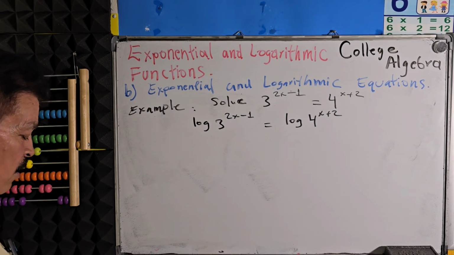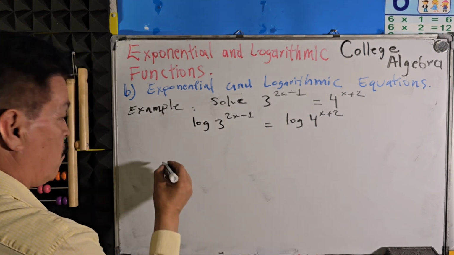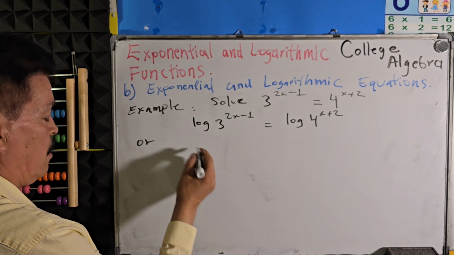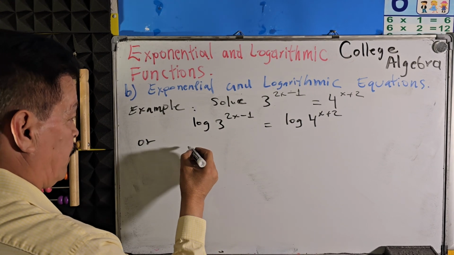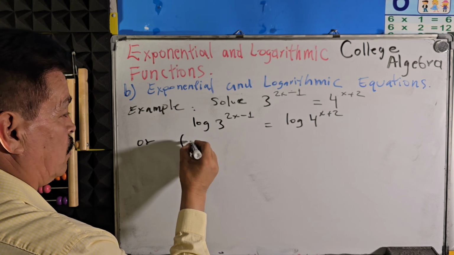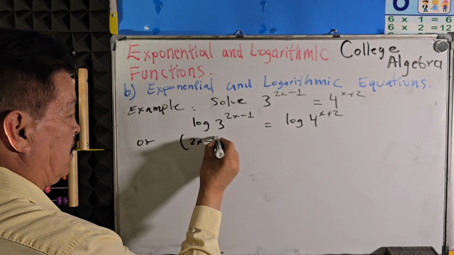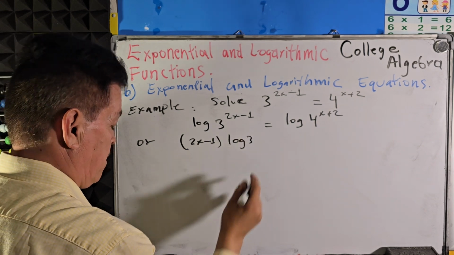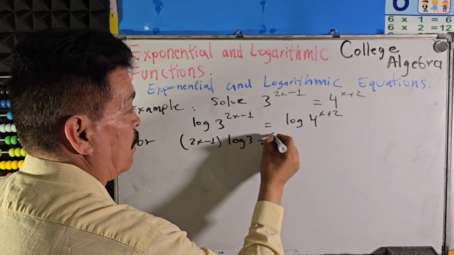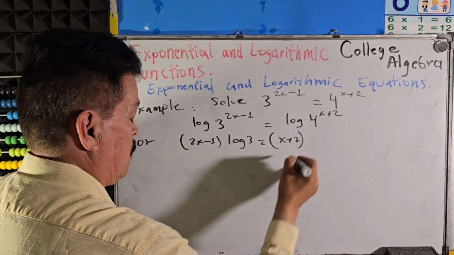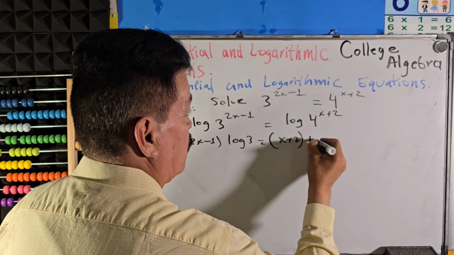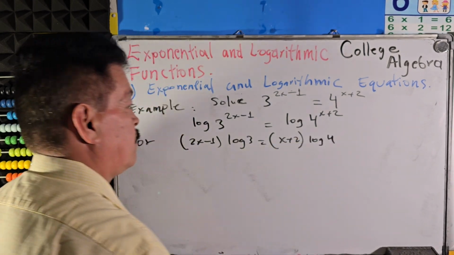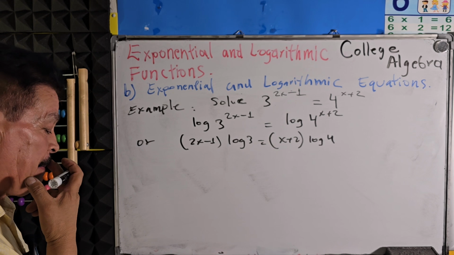So write it here, 2x minus 1 log 3 equals x plus 2 log 4.